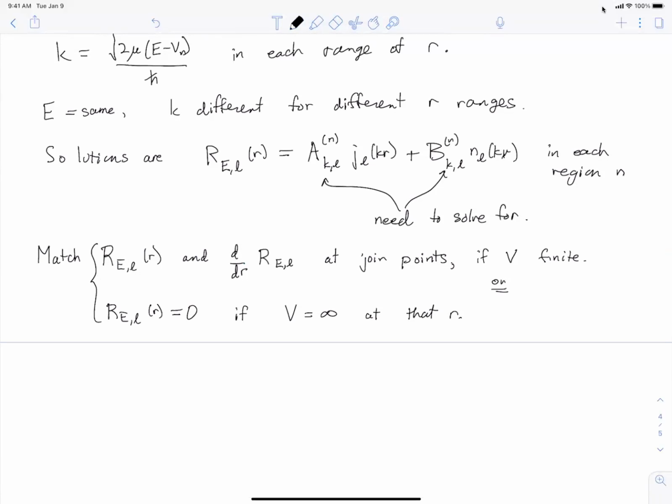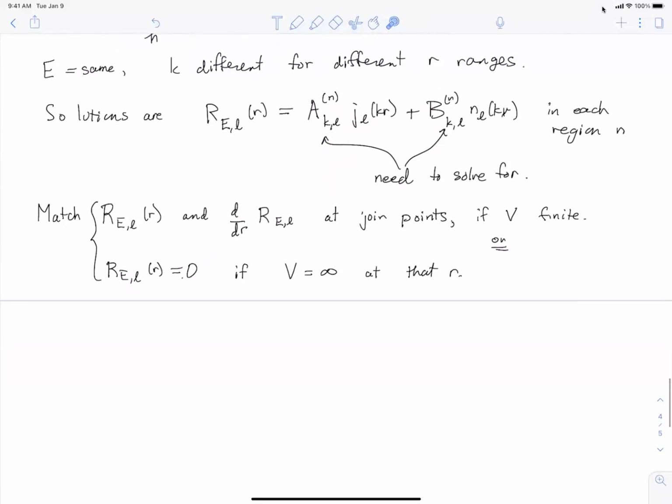Okay, and so the idea is by matching on either side of the join point what the radial wave function and the first derivative is, or by setting it to 0, you'll get enough equations to solve for these coefficients. And then once you've solved for the coefficients, then you'll know everything there is to know about the wave function.